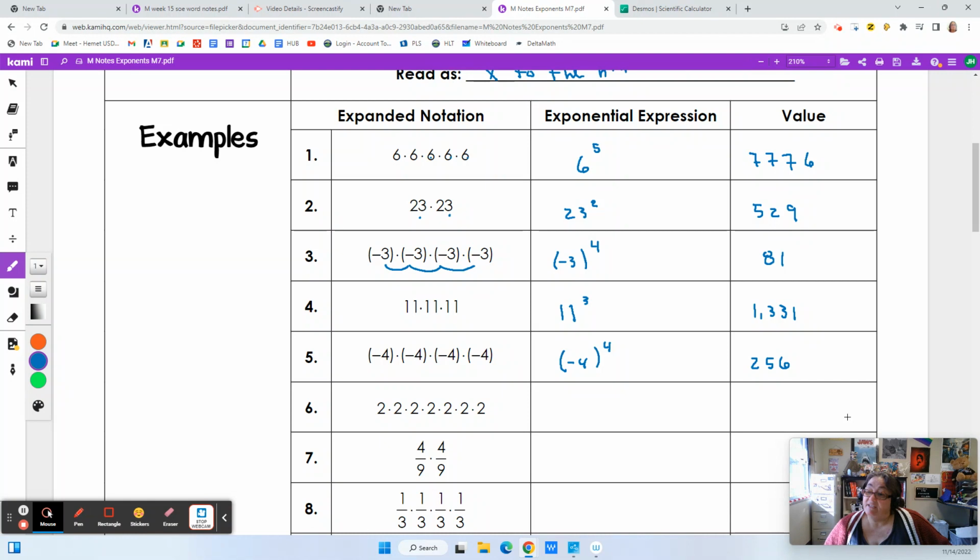Allison, no, the 81 isn't negative, right? Because negative times negative is a positive. And then when we multiply the third negative, it becomes negative. But then when we multiply it times another negative, it becomes positive again. It's kind of easy to tell if you think about any time I have an even number of negatives, right?